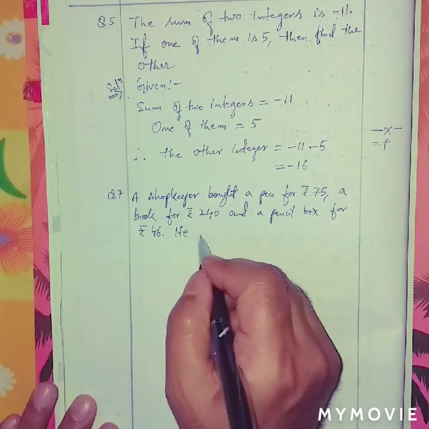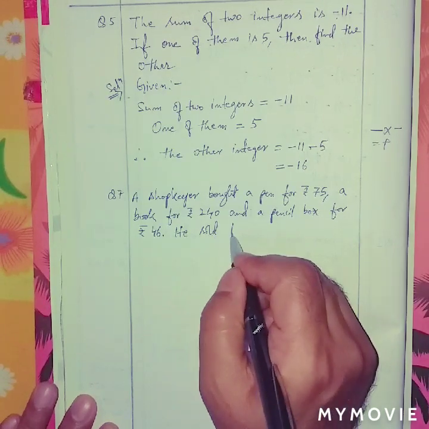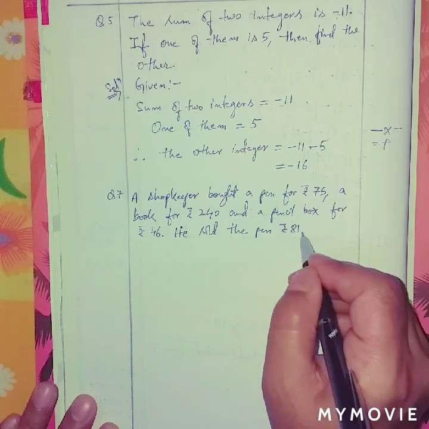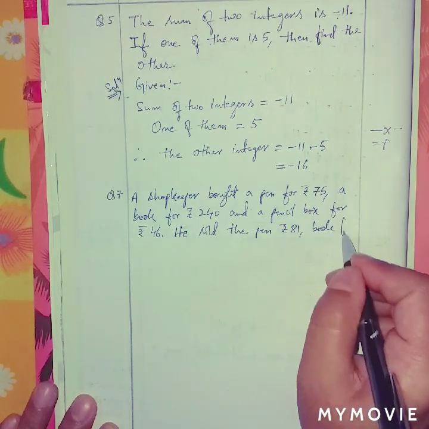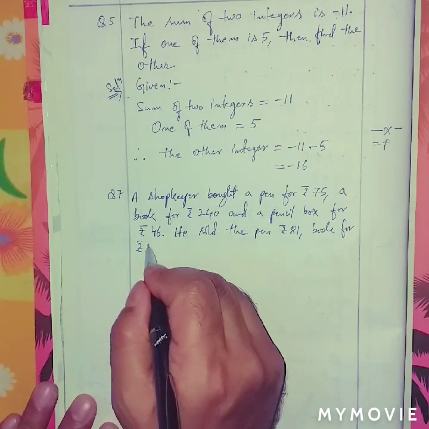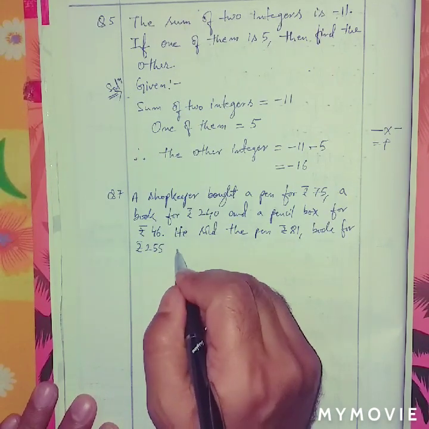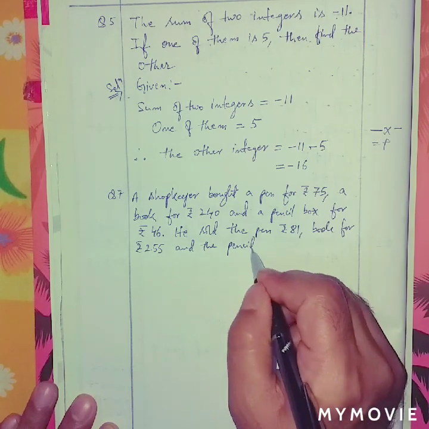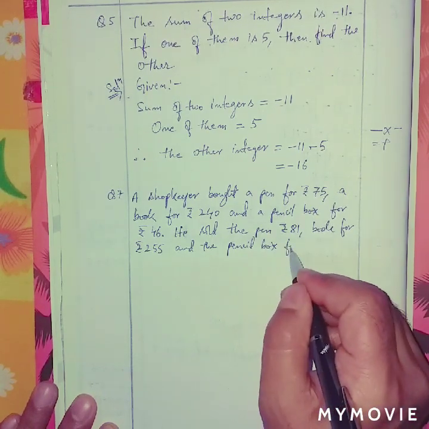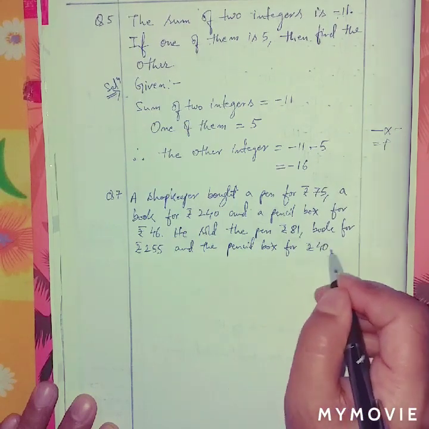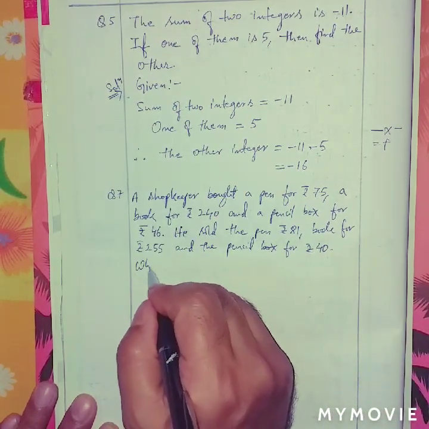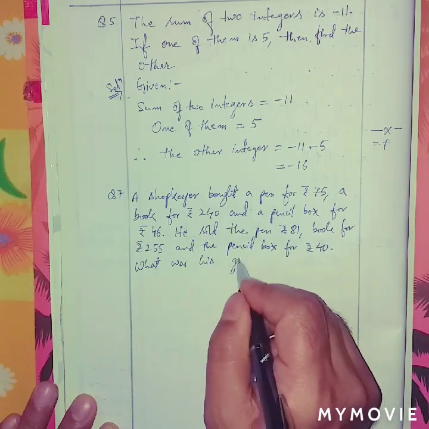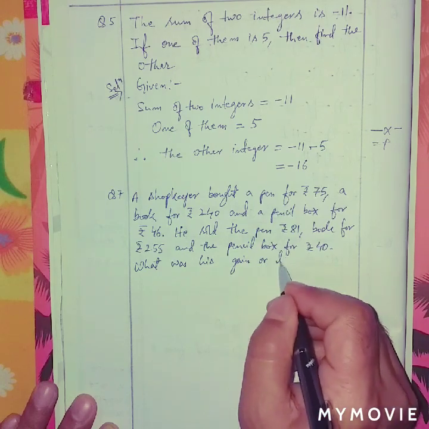Now he sold the pen for rupees 81, the book for rupees 255, and the pencil box for rupees 40. Now the question is, what was his gain or loss?